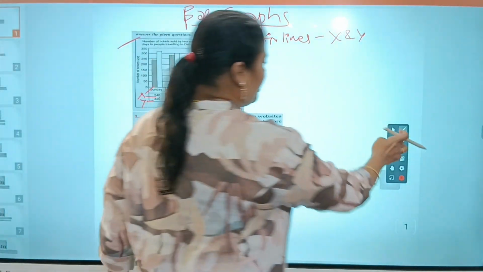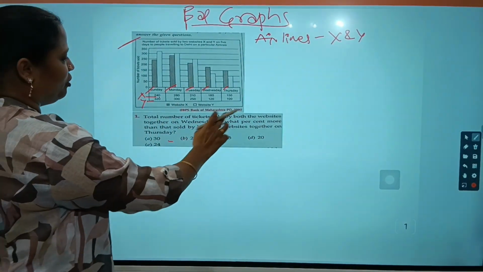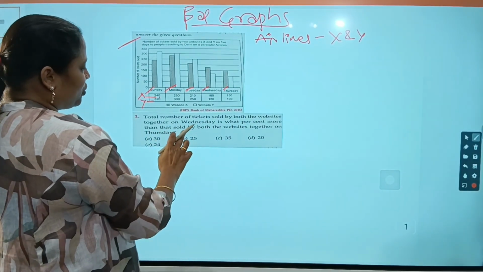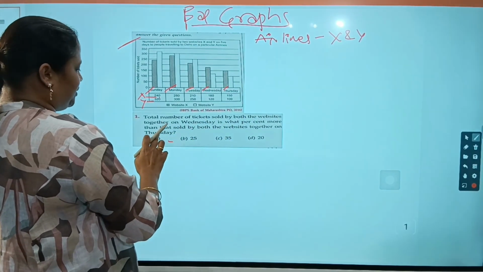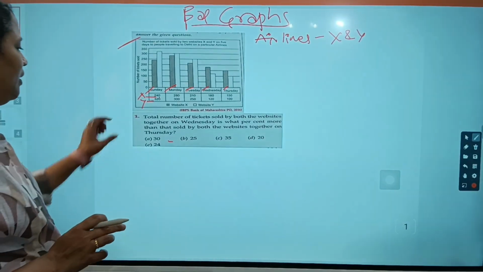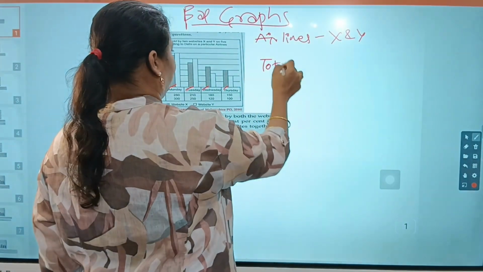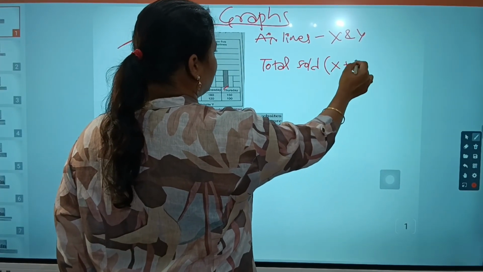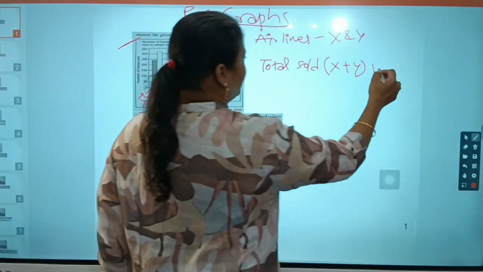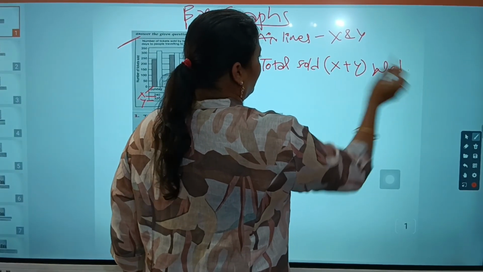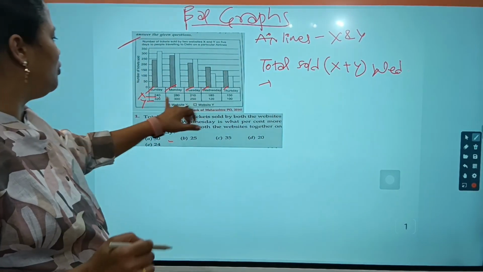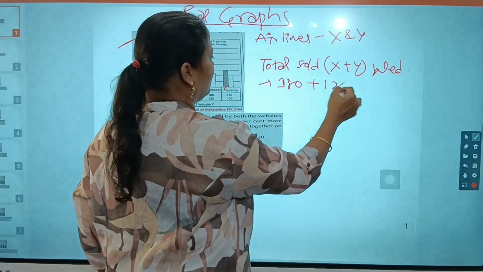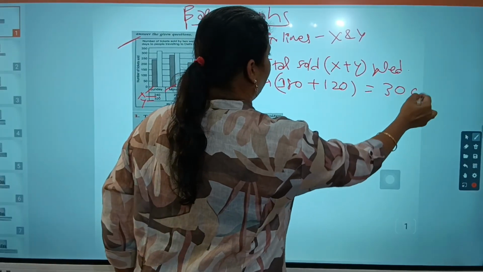The first question: the total number of tickets sold by both the websites together on Wednesday is what percent more than that sold by both the websites together on Thursday. So total tickets sold by both websites, X plus Y, on Wednesday is 180 plus 120 equals 300.